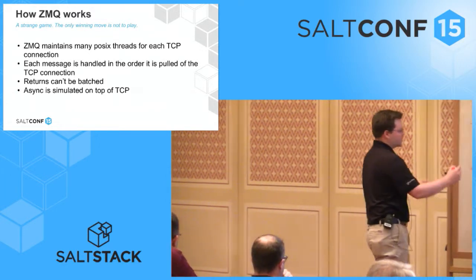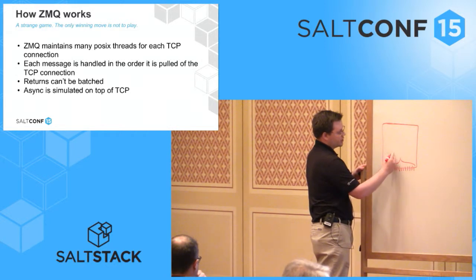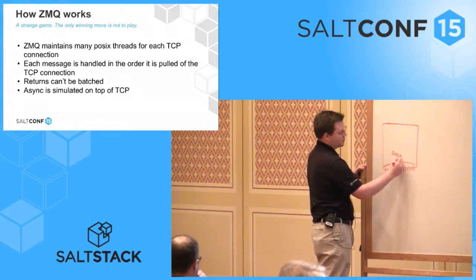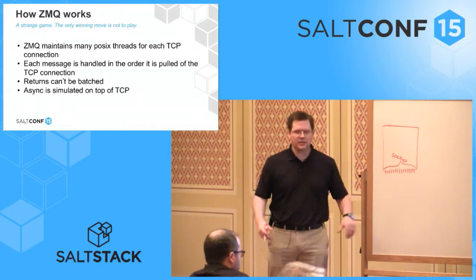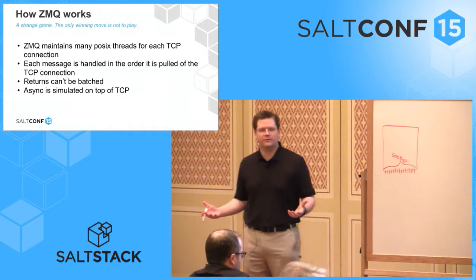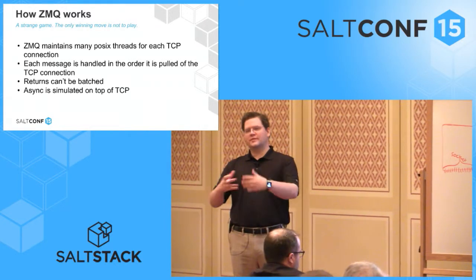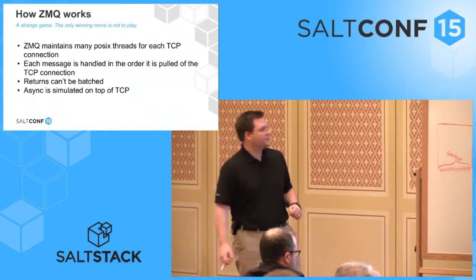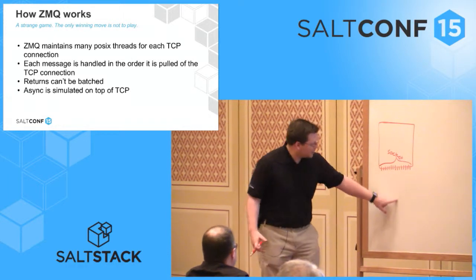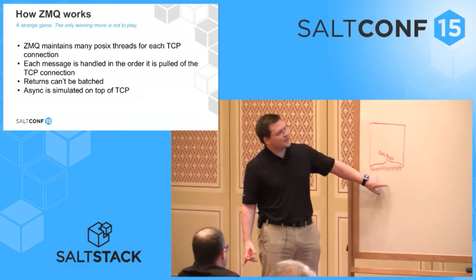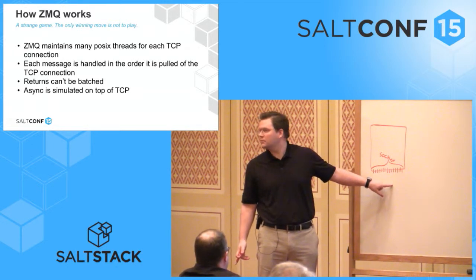And so all of those threads get abstracted into a single socket interface. And when I say a socket interface in this sense, I'm talking about a programmatic socket interface. You know, a socket object that you create and then you receive and send off of it. When you're working with ZeroMQ, all of these are TCP. And so it is an asynchronous system simulated on top of a synchronous system.